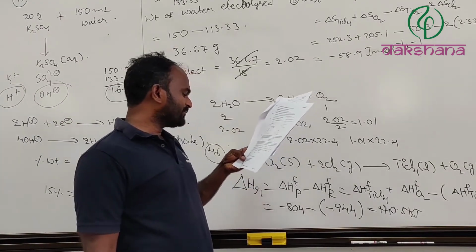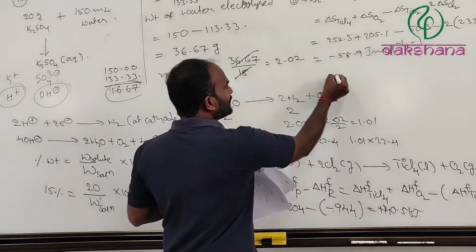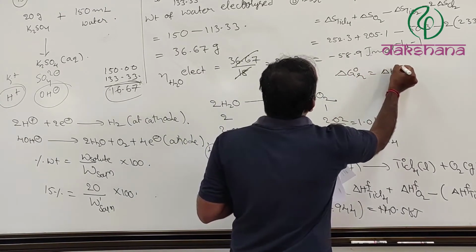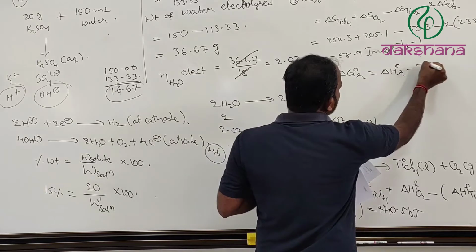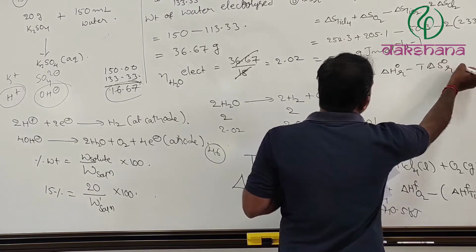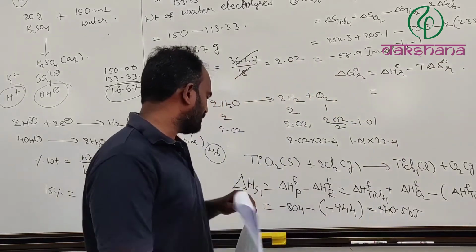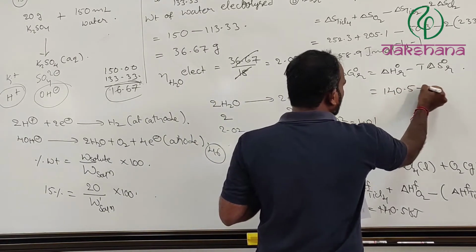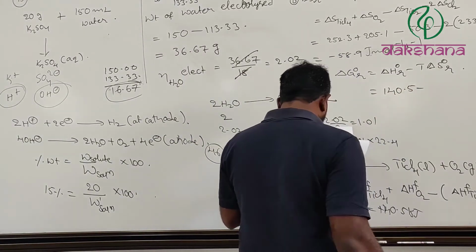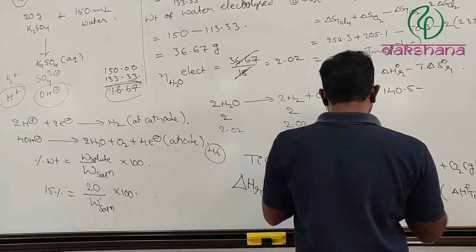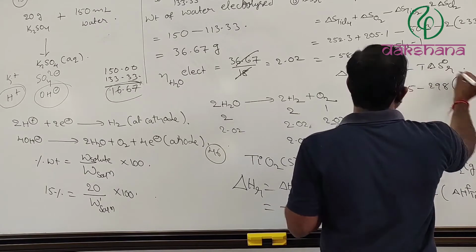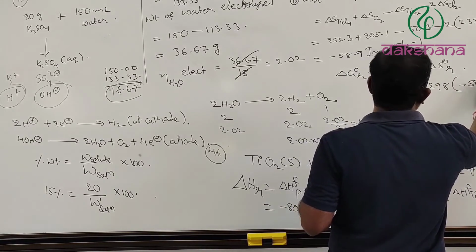Coming to option C, delta G naught of reaction is equal to delta H naught of reaction minus T delta S naught of reaction. Delta H naught of reaction here is 140.5 minus T into that value. T is given as 25 degrees Celsius, therefore I can take it as 298, into minus 58.9.